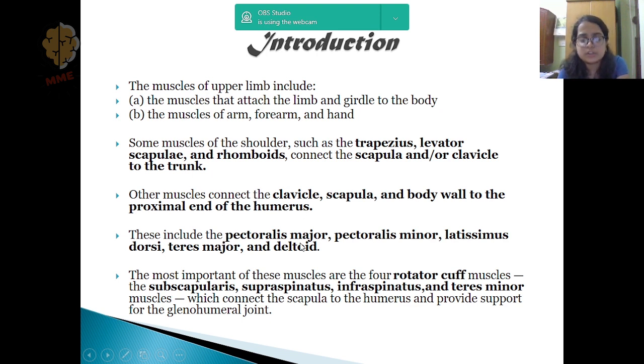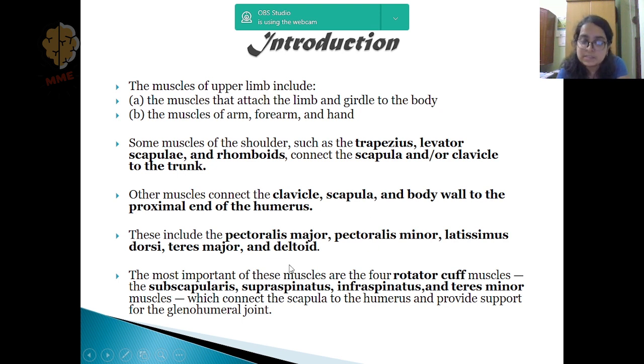These include the pectoralis major, pectoralis minor, latissimus dorsi, teres major, and deltoid. Now, all of these muscles, or most of these muscles, are quite important for you. For example, pectoralis major is quite important. Deltoid is very important for you guys.